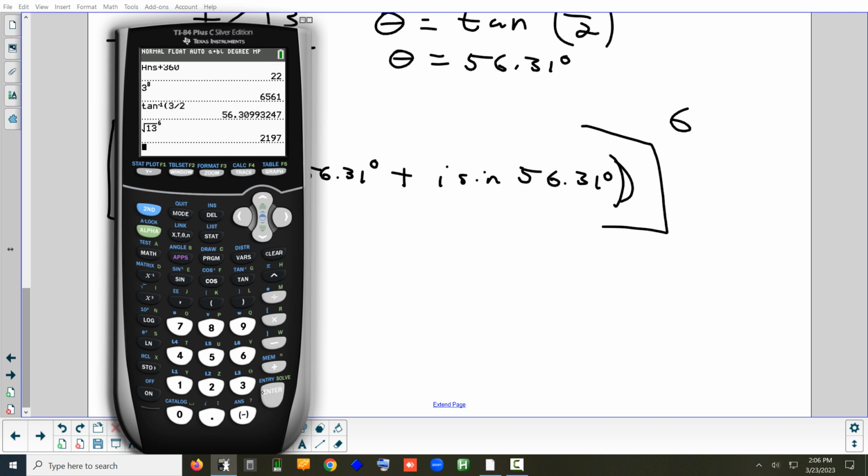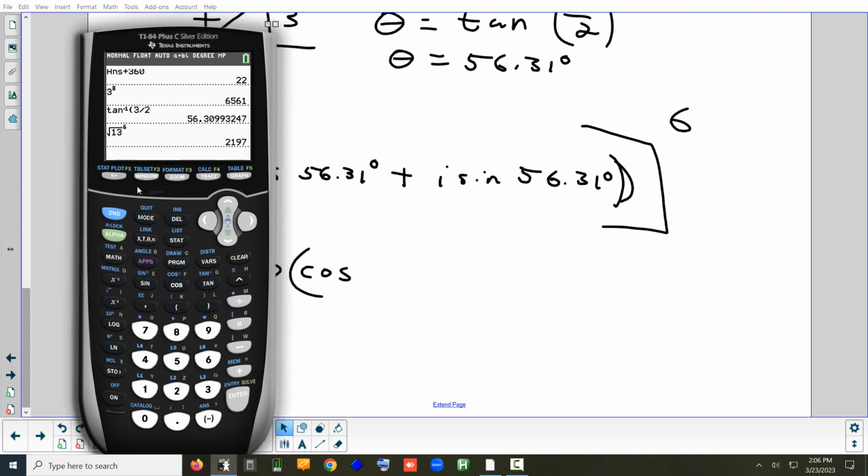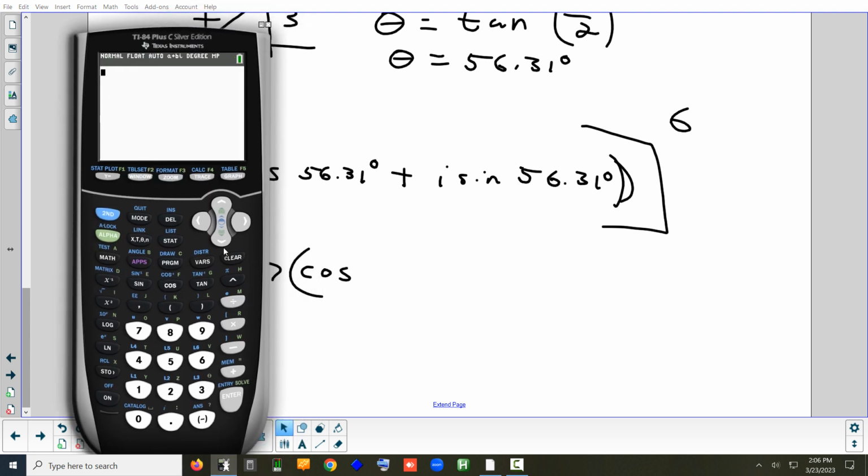All right, it comes out to 2197. Cosine. And how am I going to get my angle? Multiply what by 6? 56.31, and that's definitely going to be under 360, so we're not going to have to fix anything. 337.86.